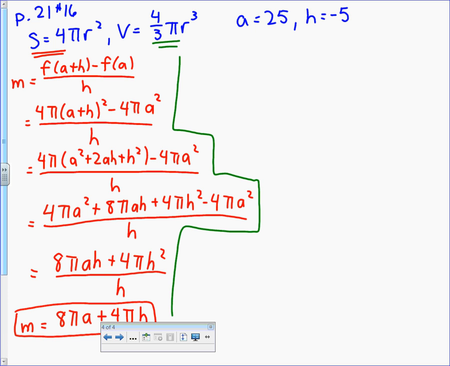Okay, so I'm going to say m is equal to, once again, f of (a plus h) minus f of a, all over h. People are afraid of fractions. Don't be afraid of fractions.